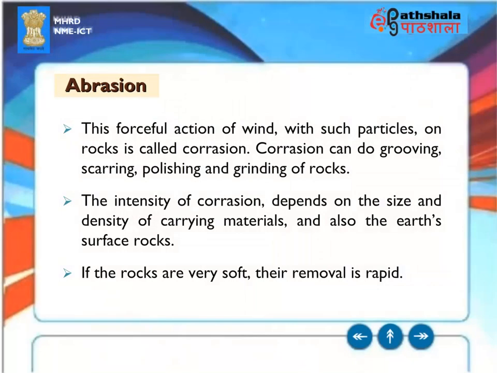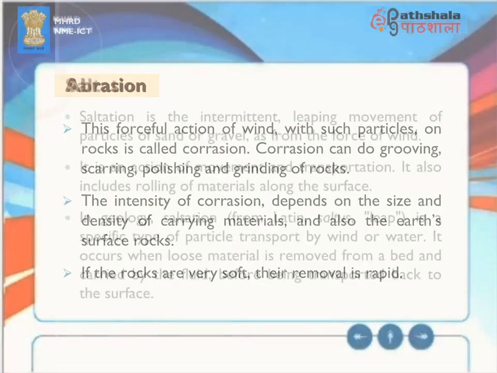This forceful action of wind with such particles on rocks is called corrosion. Corrosion can do grooving, scarring, polishing, and grinding of rocks. The intensity of corrosion depends on the size and density of carrying materials and also the Earth's surface rocks. If the rocks are very soft, their removal is rapid.